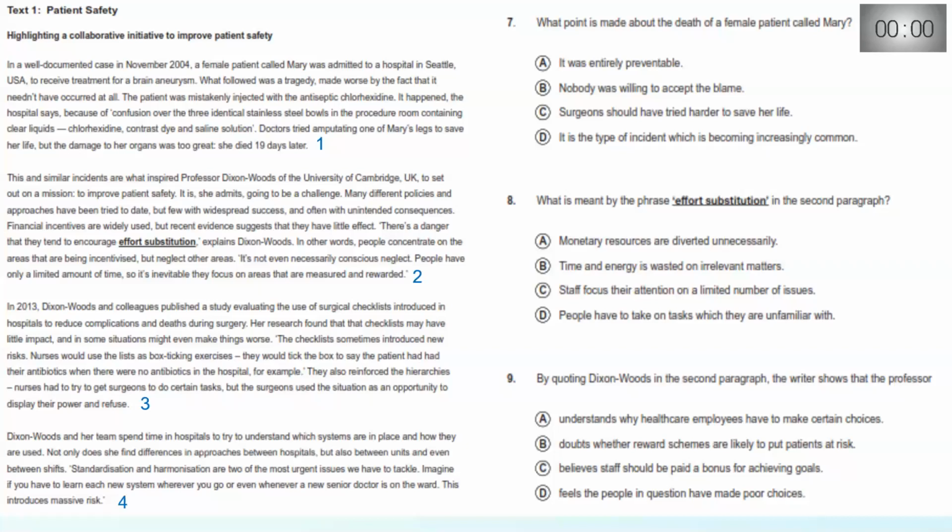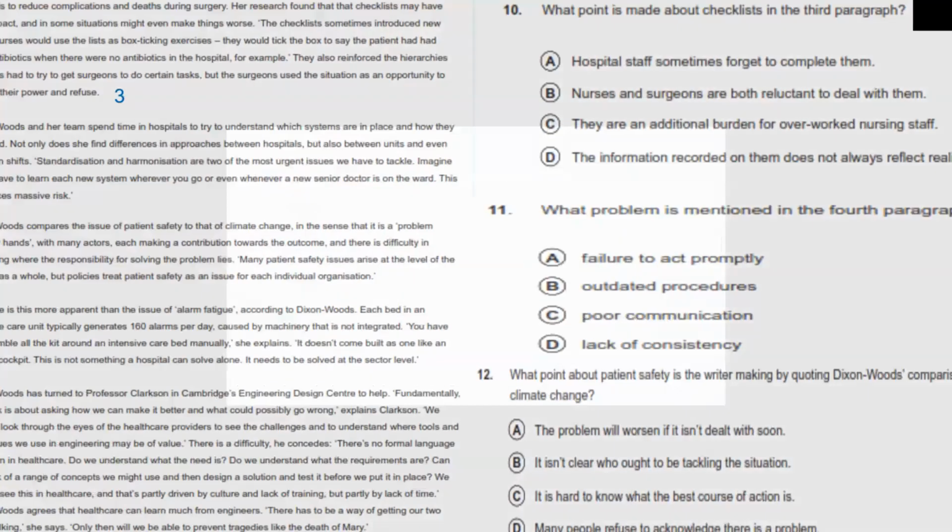Okay, so let's check your answers. Okay, let's compare your answers with the correct answers.